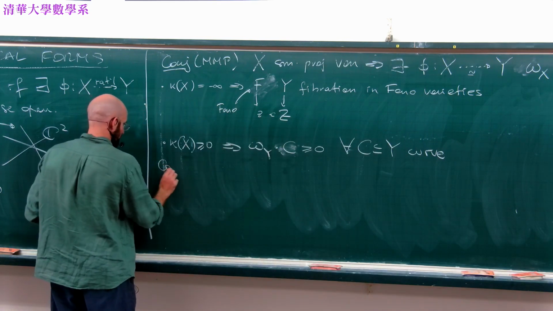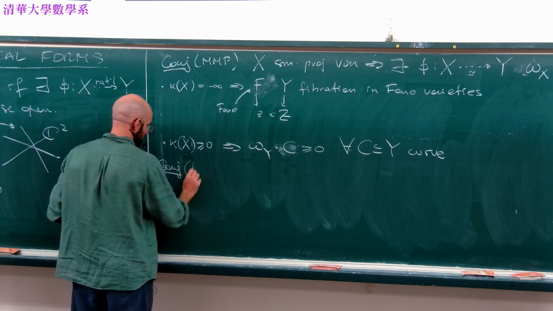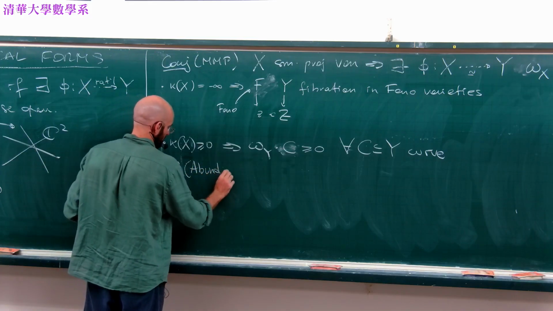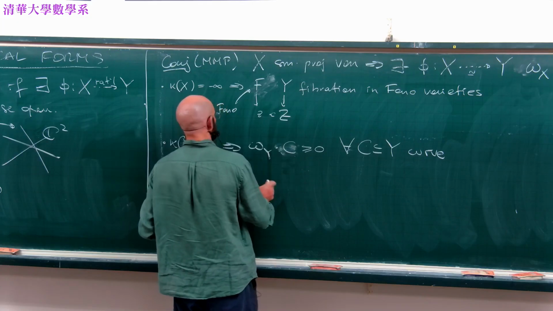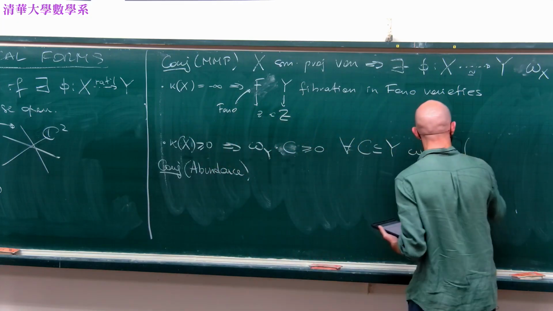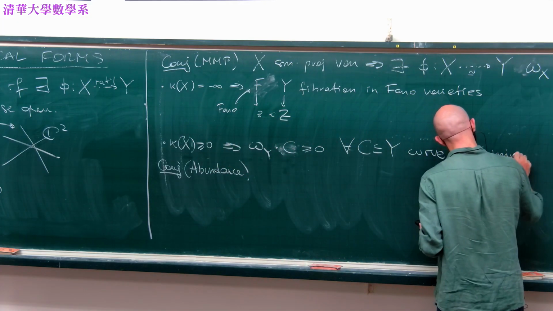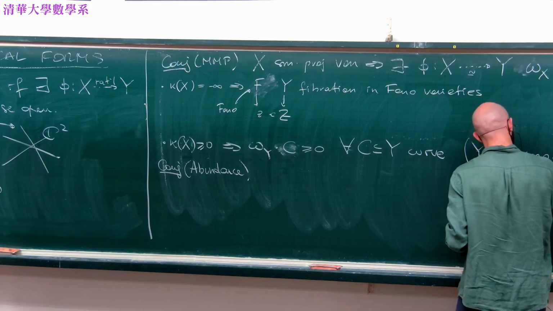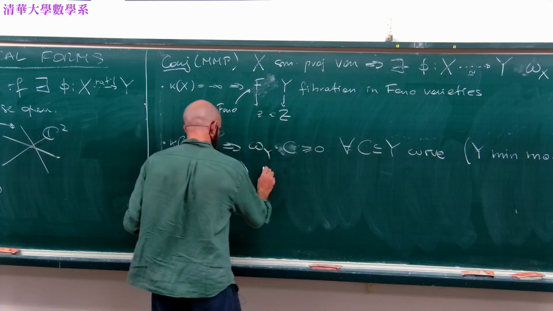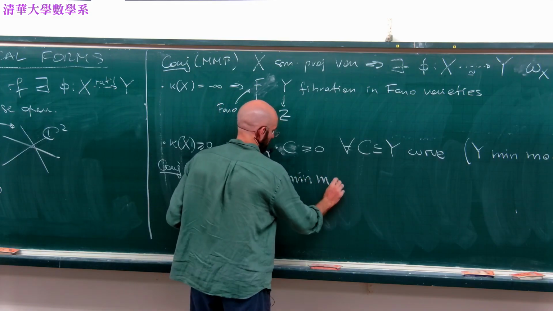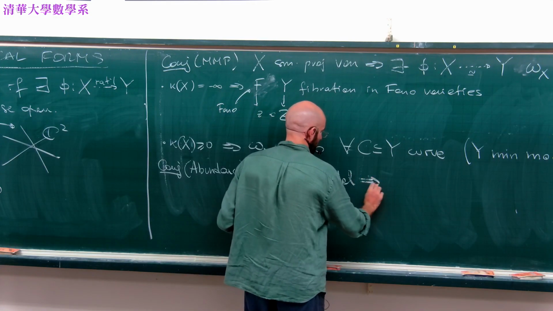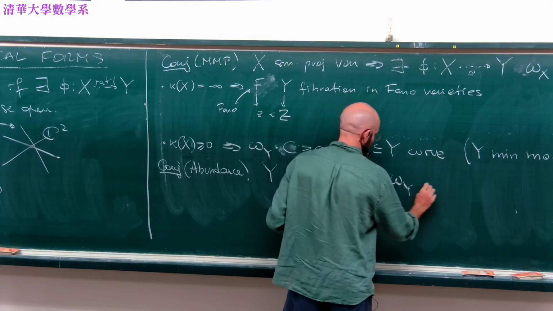And there is another conjecture that sort of complements the picture, which says that, so this Y is called a minimal model. And the conjecture says that when Y is a minimal model, then omega Y is semi-ample.